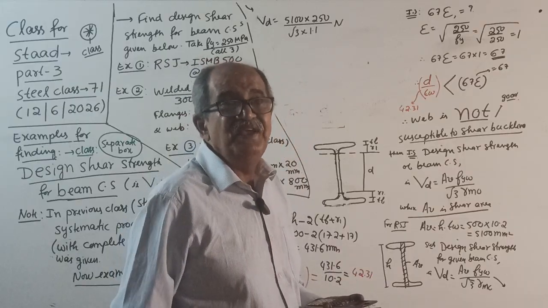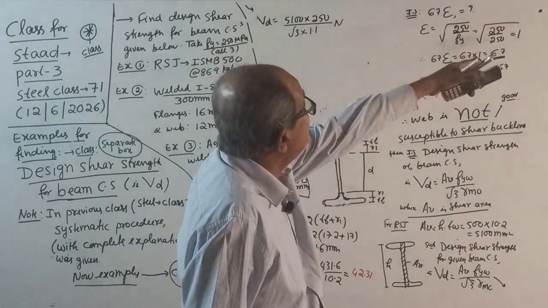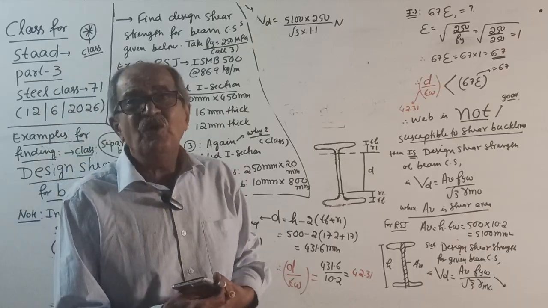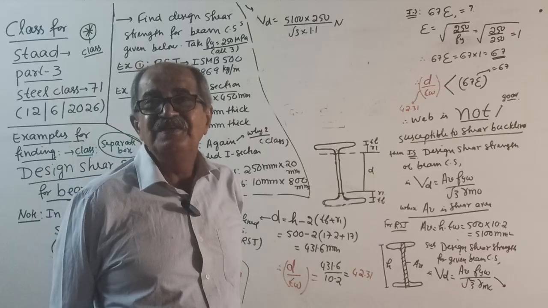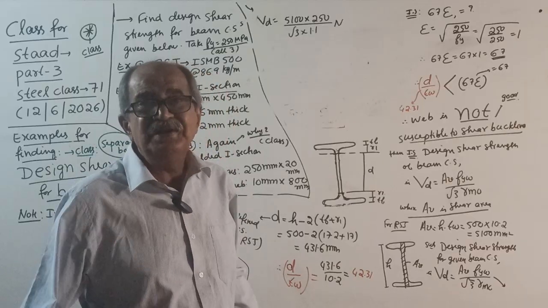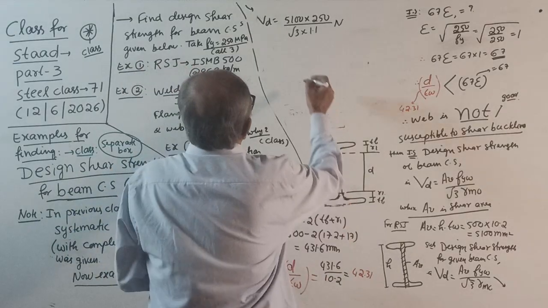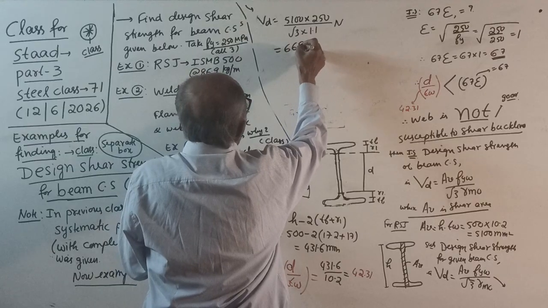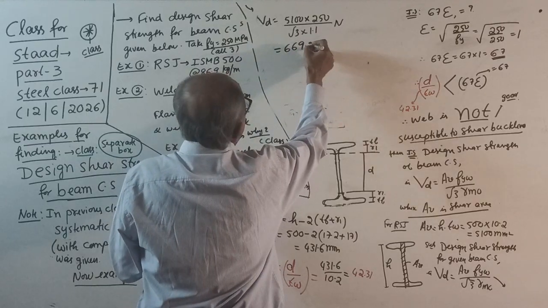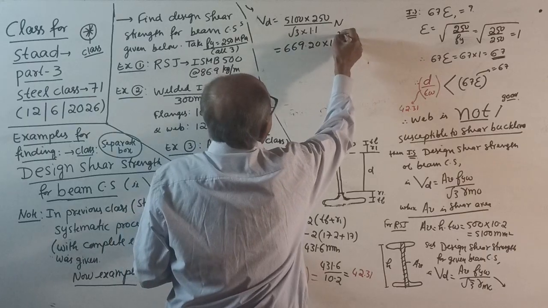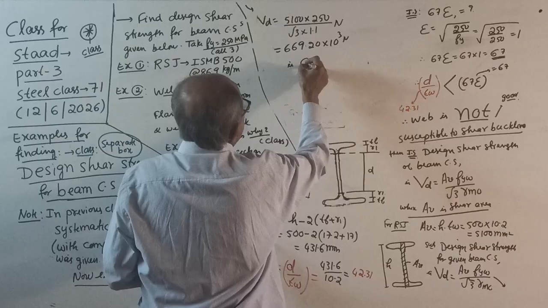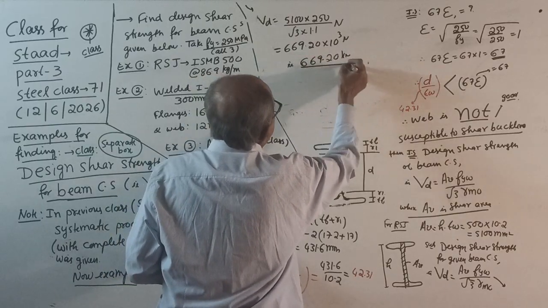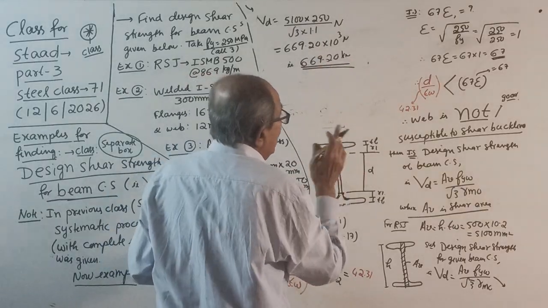I got common sense: when I saw the number 66.92, I knew it was a decimal mistake, it can't be that small. So equal to 669.20 into 10 to the power 3 Newton, that is 669.20 kilonewton is the design shear strength for the given RSJ.